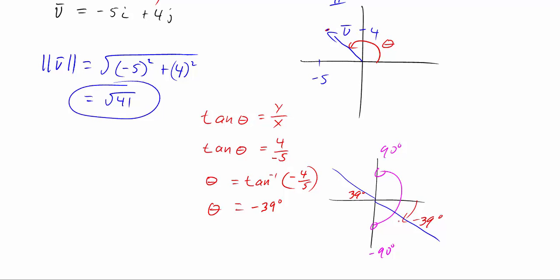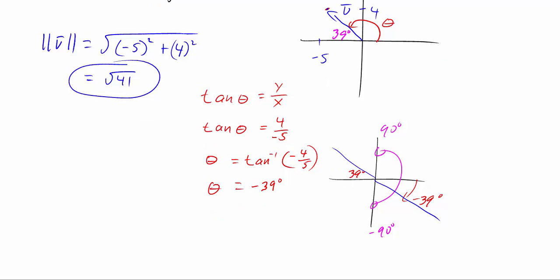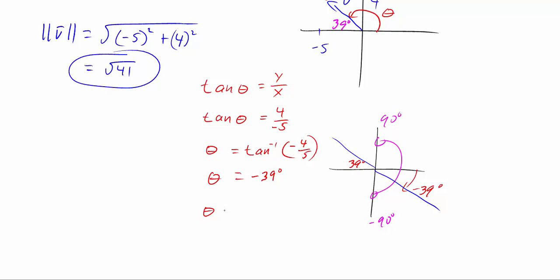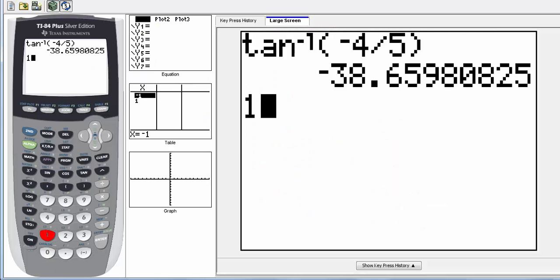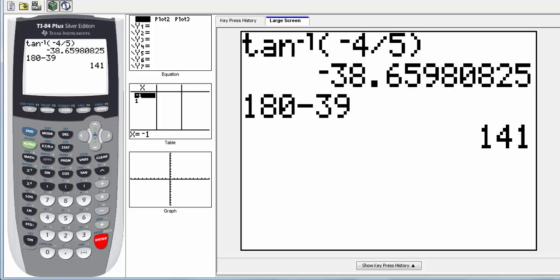But when we think of this as the reference angle, we know then this here is also going to be 39 degrees. So what we need to determine then is the angle theta. Theta is going to be equal to 180 degrees, because all the way around to here is 180, but we want to take away the 39, so we subtract the 39 degrees. If we take 180 minus 39, you're going to end up with 141 degrees.